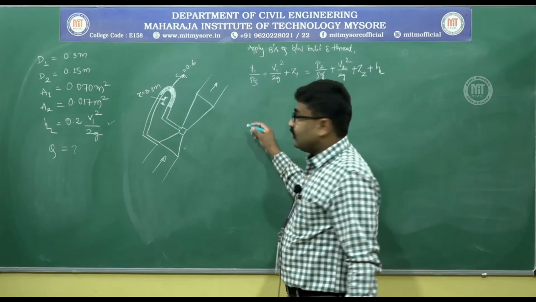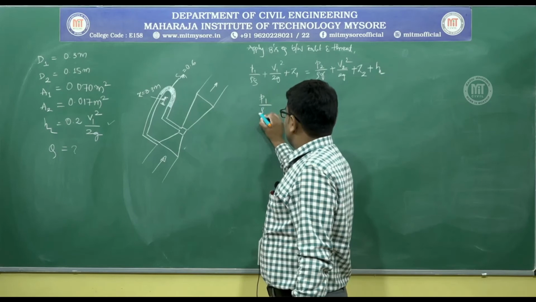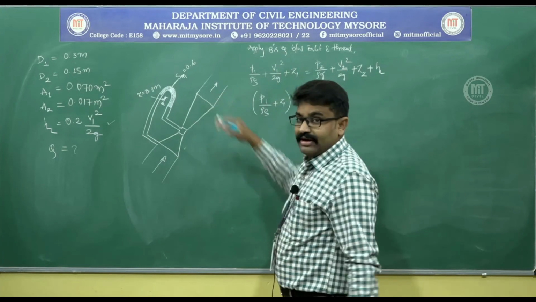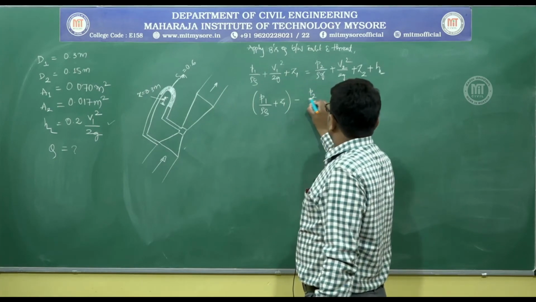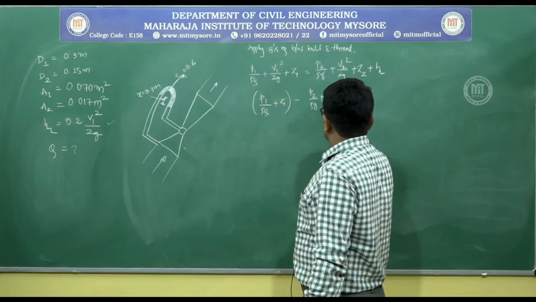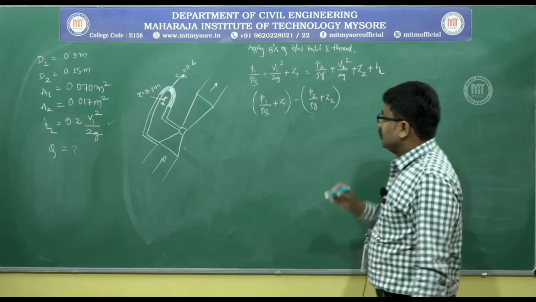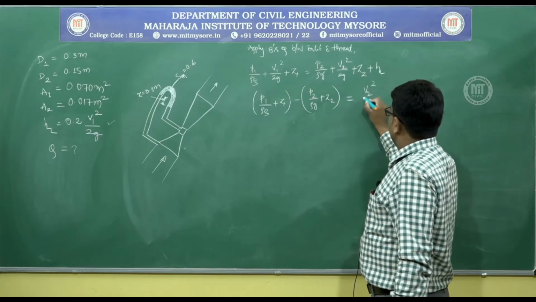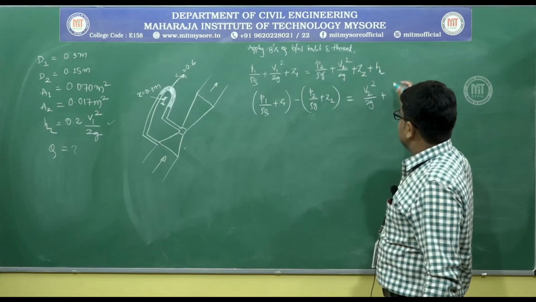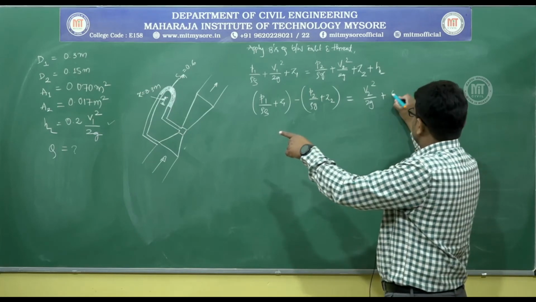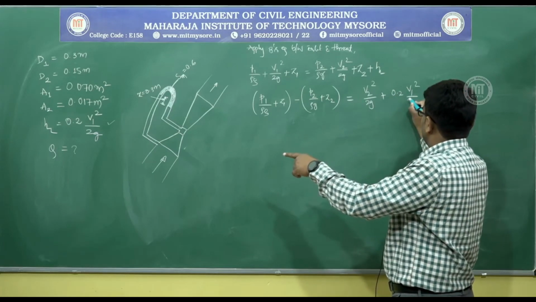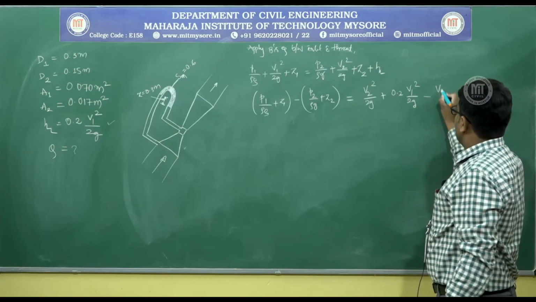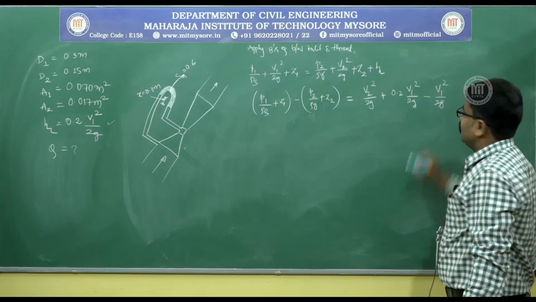So on rearrangement, write this as P1 by rho g plus Z1, bring this to left hand side, minus of P2 by rho g plus Z2, and then this will become V2 square by 2G plus HL. HL you very well know that it is 0.2 V1 square by 2G, bring this V1 square by 2G also onto the right hand side, becomes minus V1 square by 2G.